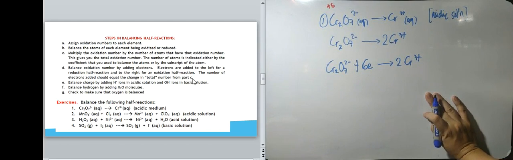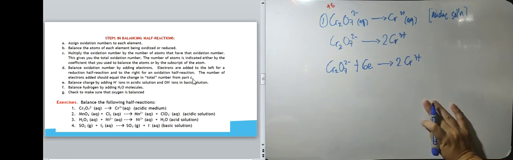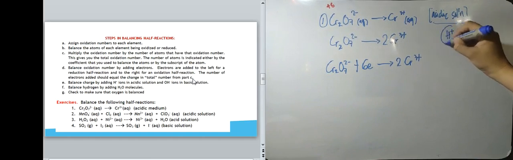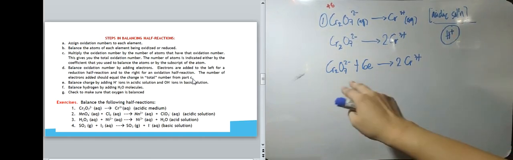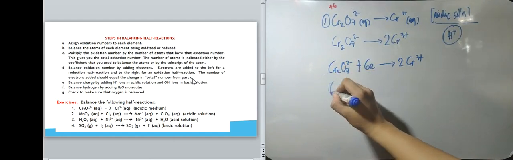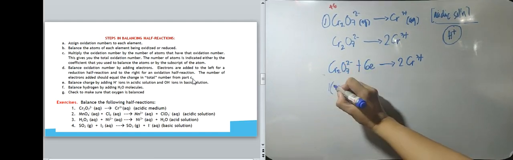So, we will now balance the charge by adding H ions if it's acidic and OH ions if it's basic. Okay? So, we'll now balance the charge. So, since acidic solution, we will just add H plus. We will now just balance the charge and the coefficient.